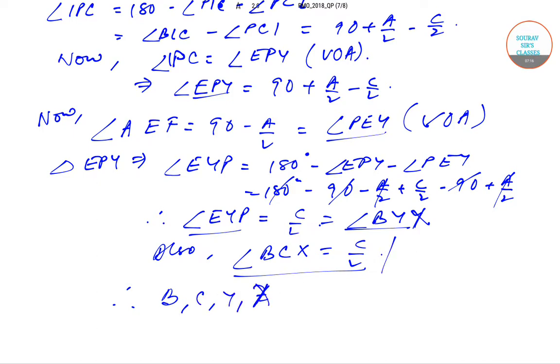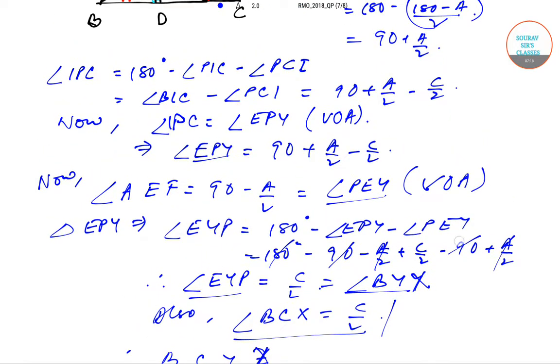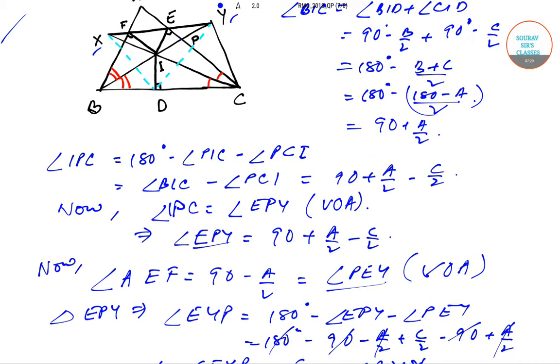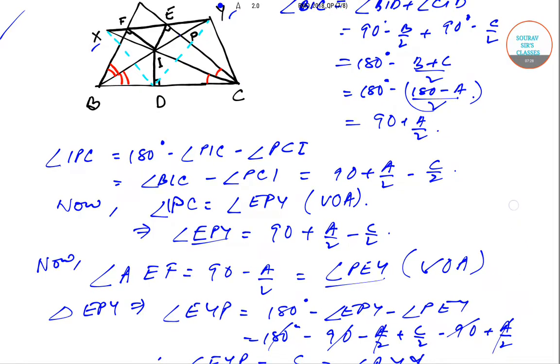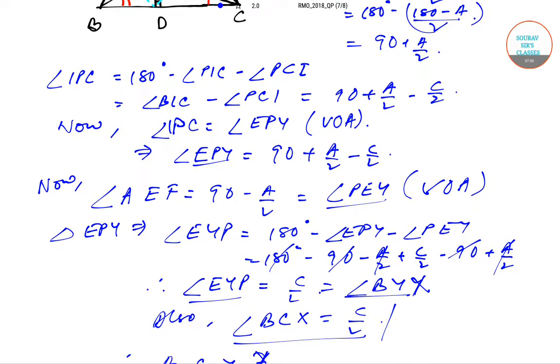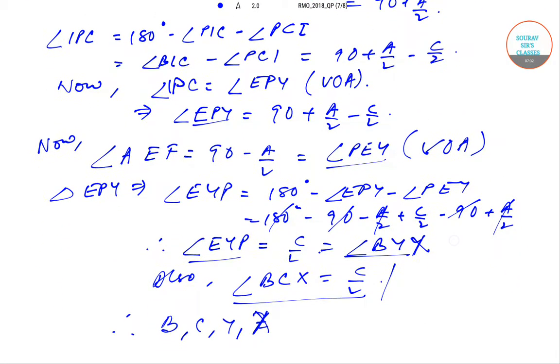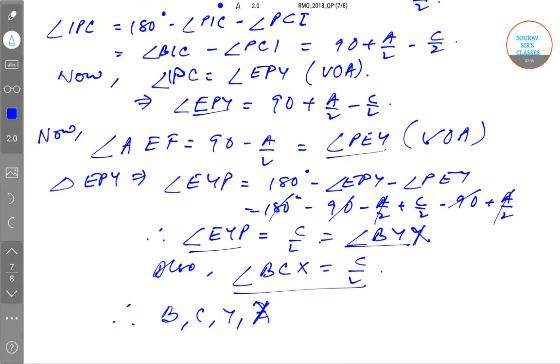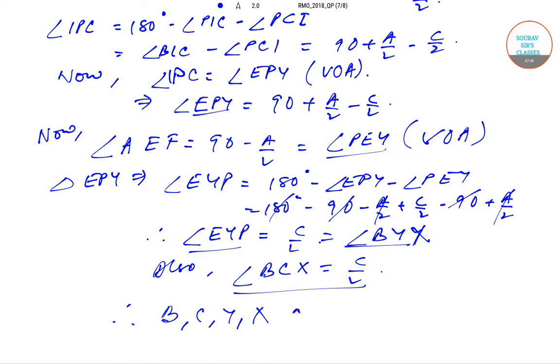Similarly we could have shown that angle CXY is equal to angle CBY, and both of them are equal to B by 2. So by the process that we followed, we can show that BCYX are all concyclic. Okay, so this is the structure.